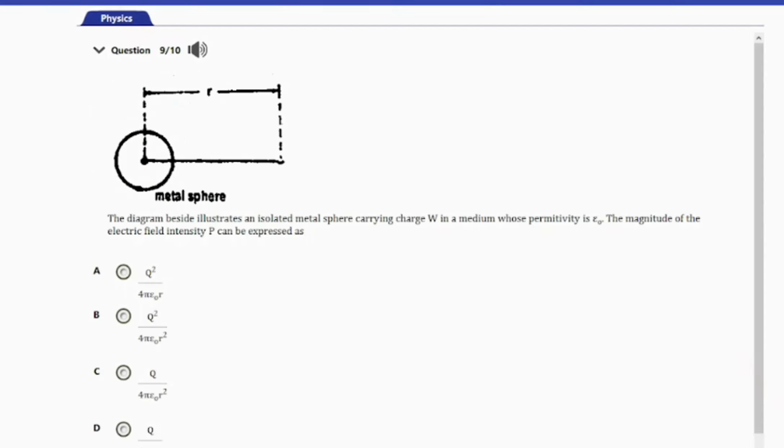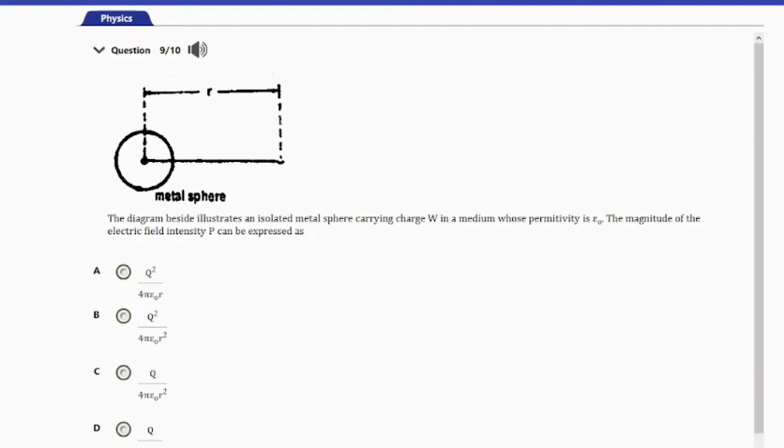That's question number 9 here. It says, the diagram beside illustrates an isolated metal sphere carrying charge Q in a medium whose permittivity is epsilon naught.